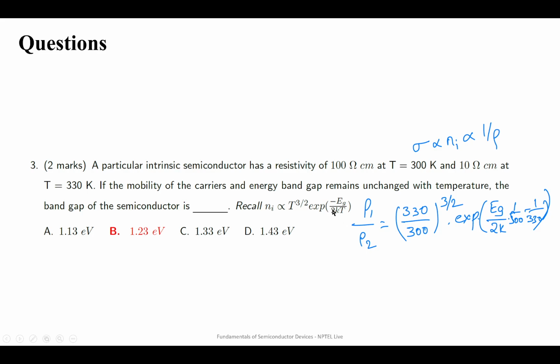Then you can solve this by putting rho 1 by rho 2, that is 1000 by 10, and the temperature ratio T2 by T1, which is 330 by 300, and your band gap is also then Eg. If you solve for this, you will get the band gap to be 1.23 eV.